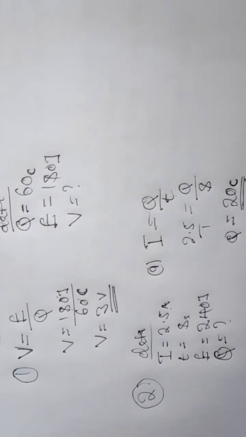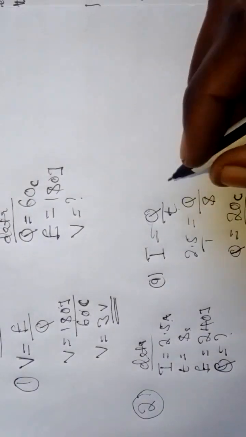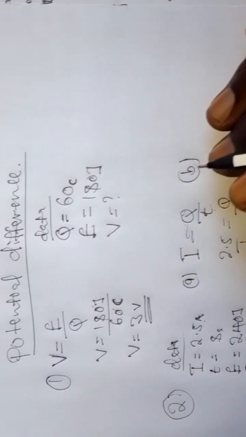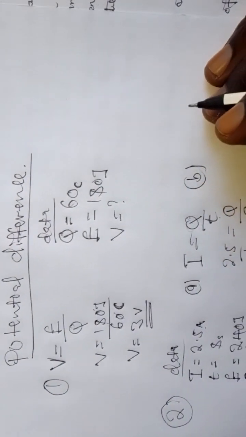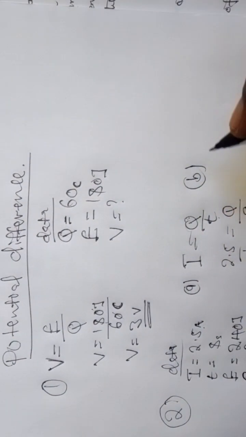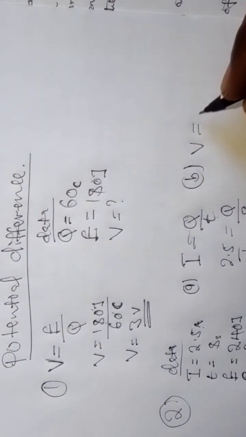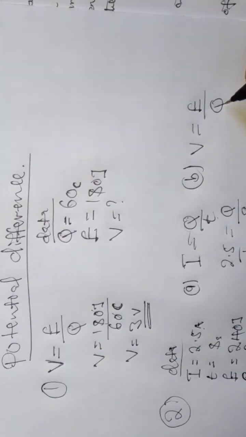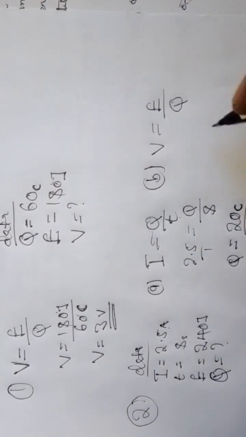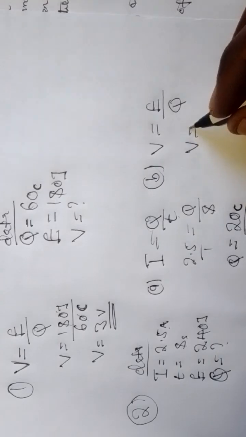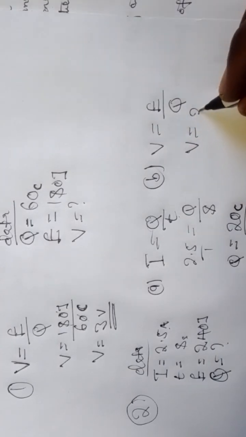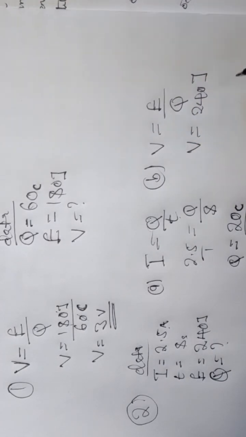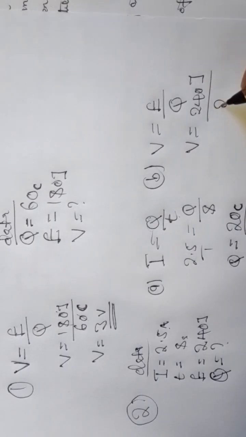That's our answer. Then B, they're saying find the potential difference. So we can say voltage is equal to energy that was consumed over charge. Since the charge we have, voltage is equal to energy, which is 240 joules, over charge, which is 20 coulomb.